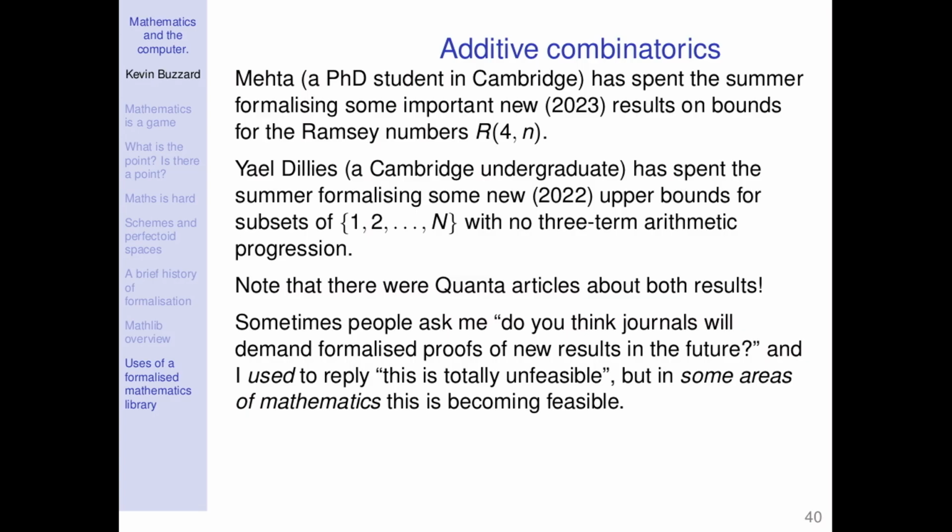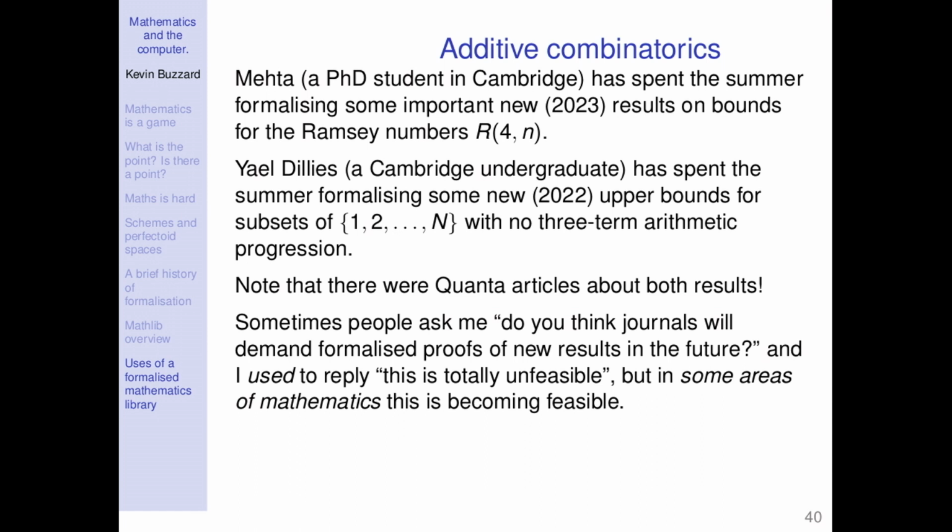So here's a question that, when I was going around 5 years ago getting excited about this, people would ask: do you think journals are going to start banning traditional proofs and demanding that every paper comes with a formalization in a computer proof assistant? A few years ago, I would say no, we're a long way from seeing that happen. But now I'm beginning to realize that in some areas of mathematics, we are seeing that happen.